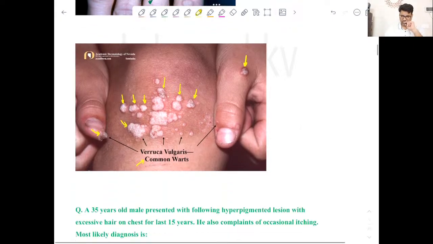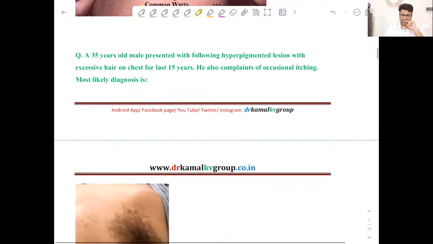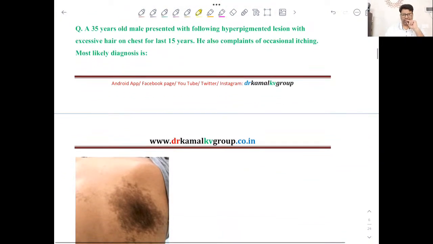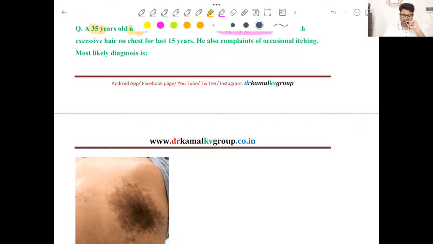Fine. Next question. Now this is again, I think, a very rare kind of question, and I don't feel it will be repeated ever again. So the case history goes like, there is a 35 year old male who is having a hyperpigmented lesion, and there is excessive hair on this lesion, and this has been present for the last 15 years, and sometimes there might be itching on this lesion, right?